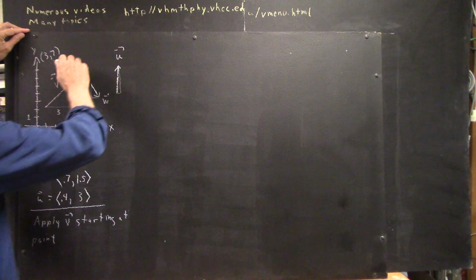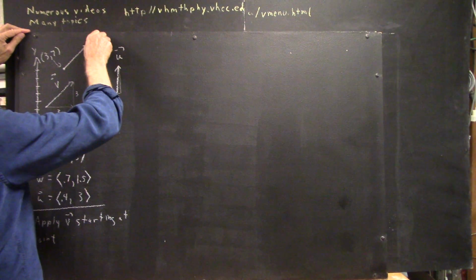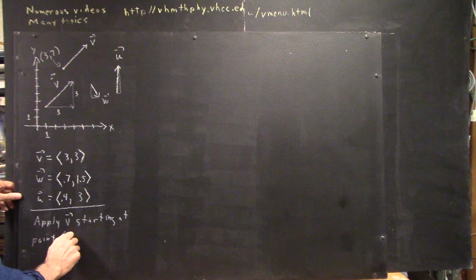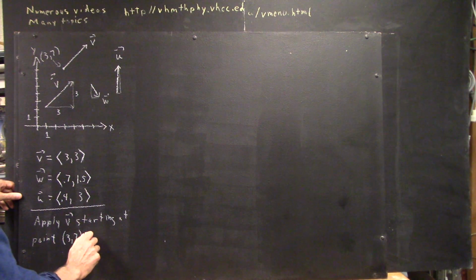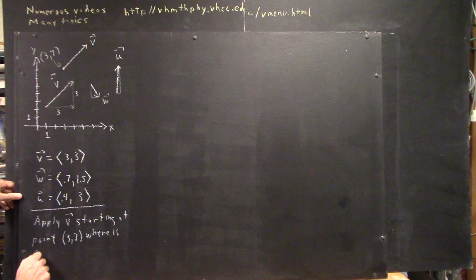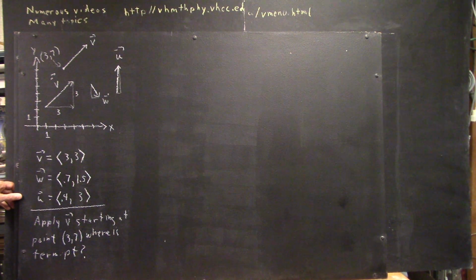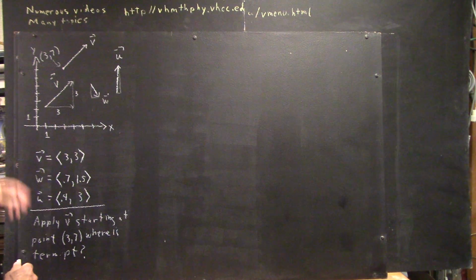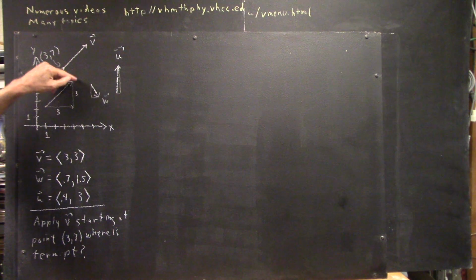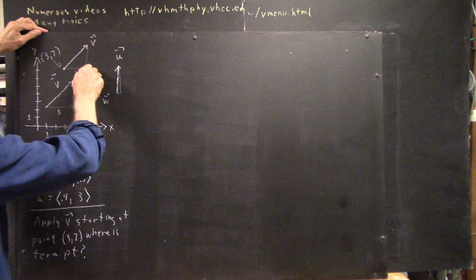And then we apply the vector v. Where's the terminal point of v? Well, where do you think? V moves you 3 units in the x direction and 3 units in the y direction. So we're going to move over 3 units here. We're going to move up 3 units.